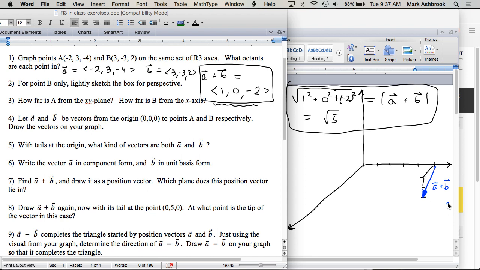Just more like determining just visually. Okay. Direction. Sure. So we got A and B. So where does A go? I obviously butchered this. Negative 2, 3, negative 4. Something down like this. Is that like A?